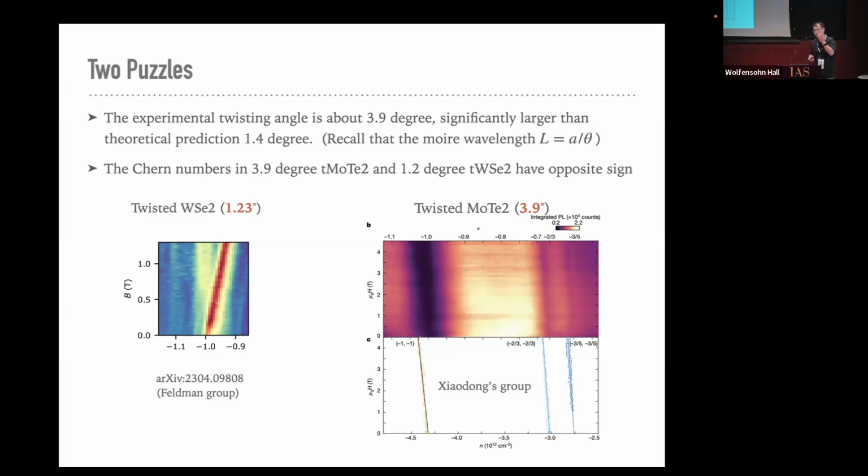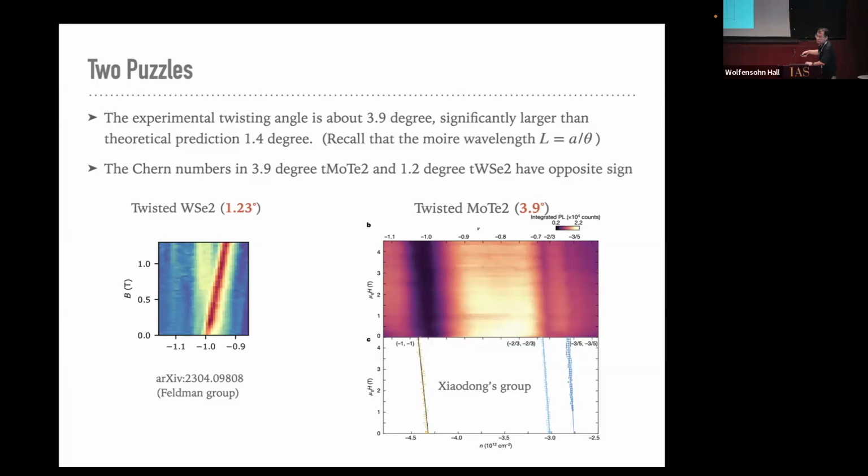And the other more interesting thing is that at the same time, we also saw a paper out of Ben's group, and what they showed is that they look at twisted WSe2. So this is the same as a Streda formula measurement, right? Different technique, but same physics. Now, you notice that their slope is actually different.